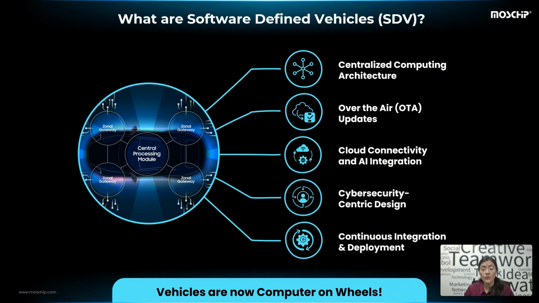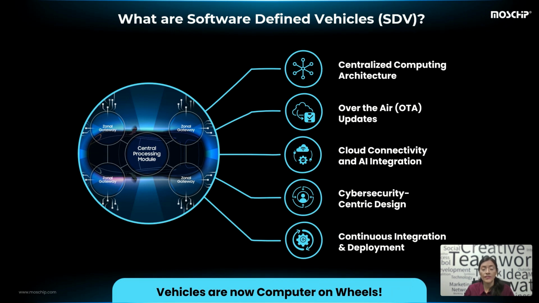Unlike traditional cars where functionality is largely locked at manufacturing, SDVs are dynamic platforms that evolve over time via over the air software updates, very similar to how our smartphones get updates. It has cloud and AI integration, which does real-time data processing and AI-driven decisions which enhance performance.